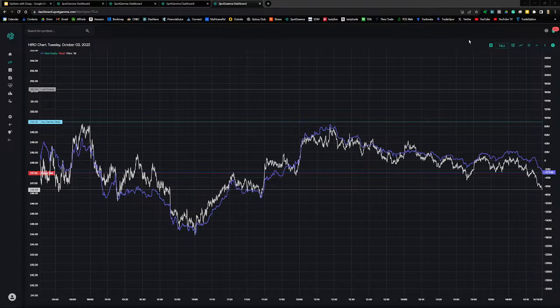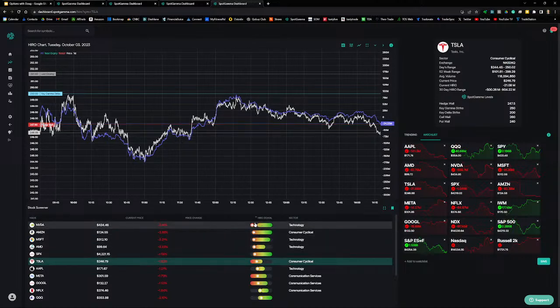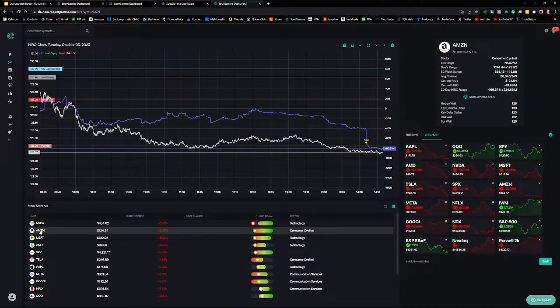All right, I've got one other. Let's take a look at Amazon. And notice I'm still at the top portion of this list with the weak hero signals. So Amazon was actually the second one on the list.